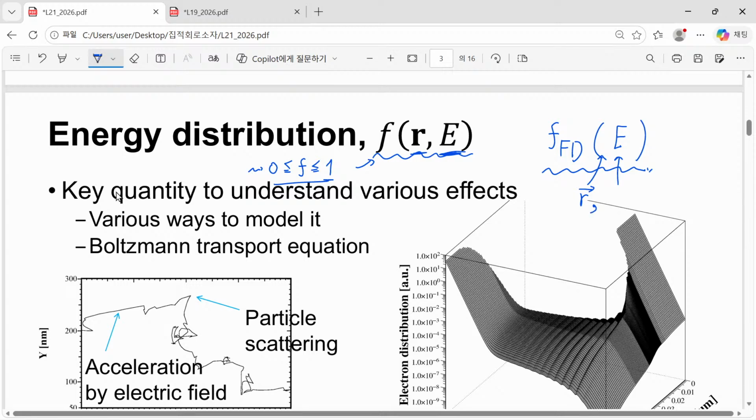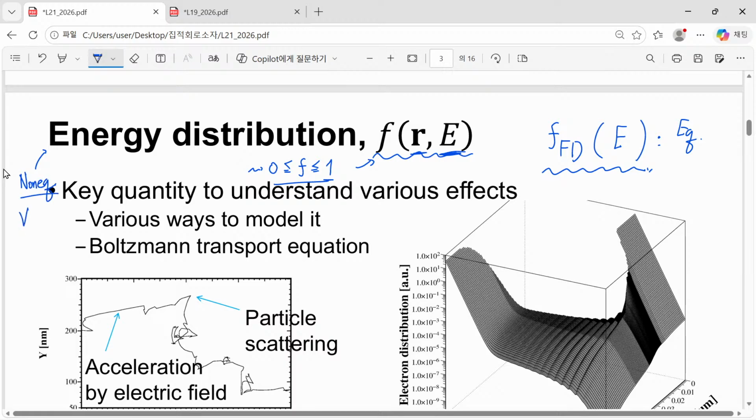Usually not. But please note that this Fermi-Dirac distribution is just an equilibrium property. At equilibrium, we don't have any dependency of our energy distribution on the real space position. Everywhere we have the same energetic distribution, but right now we are considering a non-equilibrium case.